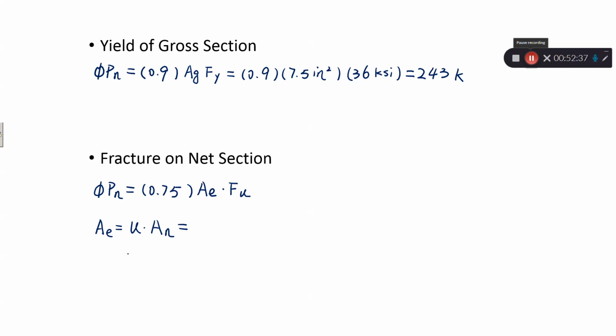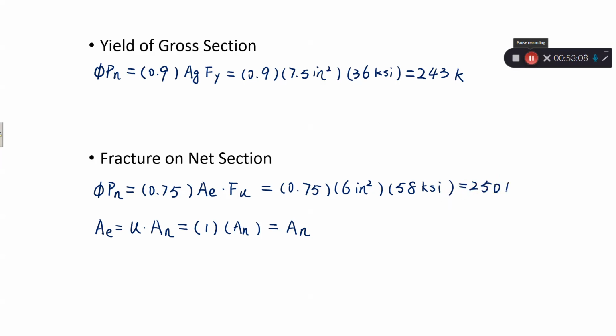So in this case, your U is equal to 1. So your AE is equal to AN. Okay, so we plug that in and we figure out that your critical AN is 6 inch squared times FU 58 KSI. Okay, and I get 250 kips.